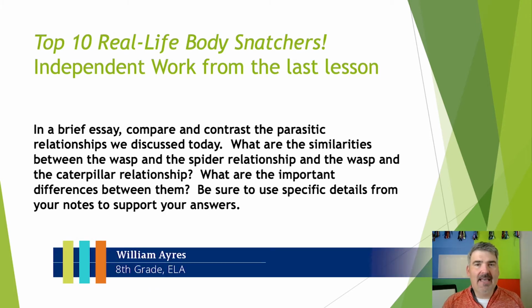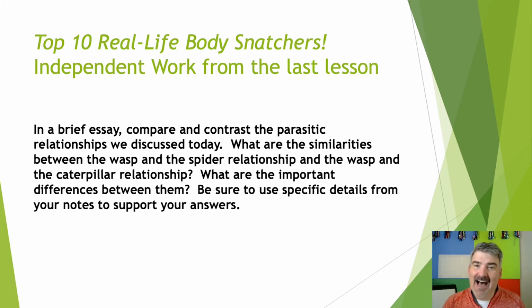You could have said that both hosts die after they are infected with the parasite. You may also have said that in both cases, the wasp parasite controls its host's behavior, but with the spider, the wasp parasite causes it to spin a special type of web, while with the caterpillar, the wasp parasite causes it to swing its head around and scare off predators.